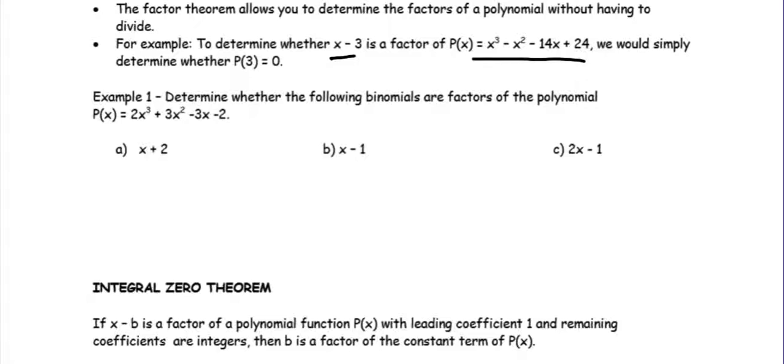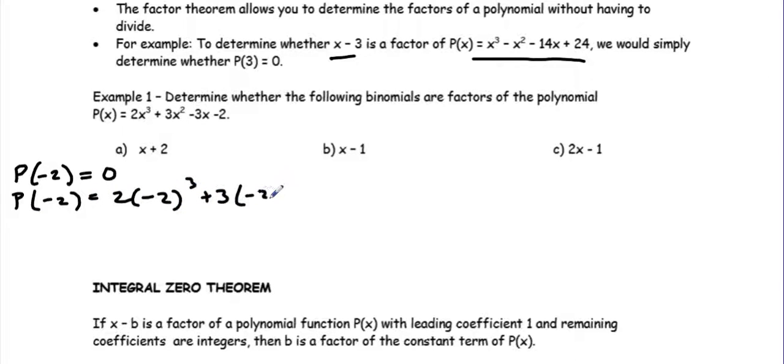It says determine whether the following binomials are factors of this polynomial here. So if this is a factor, then I know that p of negative 2 is going to equal 0. Well, what is p of negative 2? P of negative 2 is just 2 times negative 2 cubed plus 3 times negative 2 squared minus 3 times negative 2 minus 2.